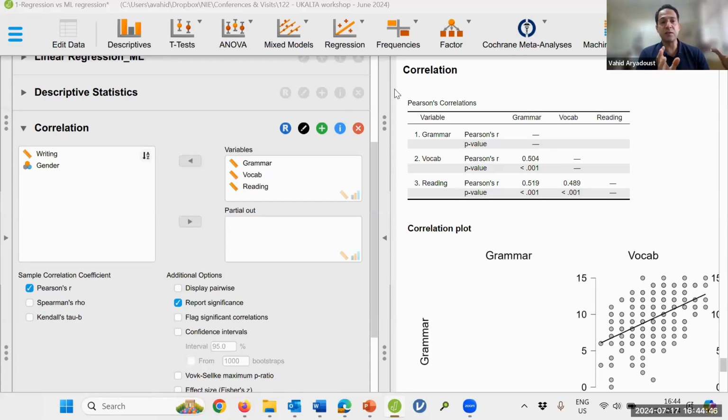It means that 51% of the variance is not in common between the two. So they have more difference than similarity. Now, if you reach 0.8, it means 64% of variance is common between the two.